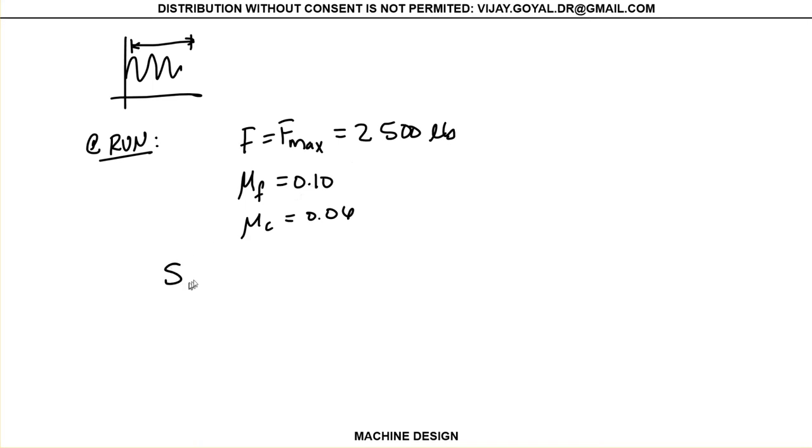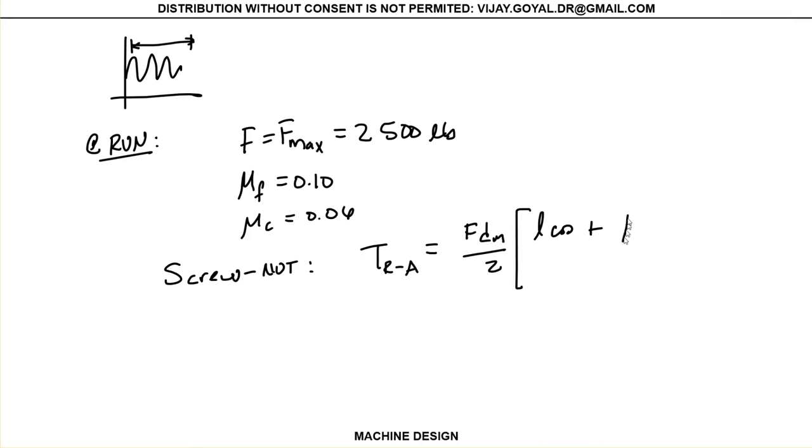And then the screw nut interface will be TRA. And you can see it's going to be the same equation that I had before. The only thing that's going to change is the value of my coefficients of friction. Everything else should remain identically the same. So this value is going to change.